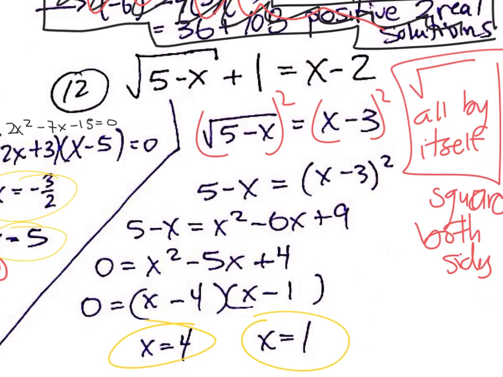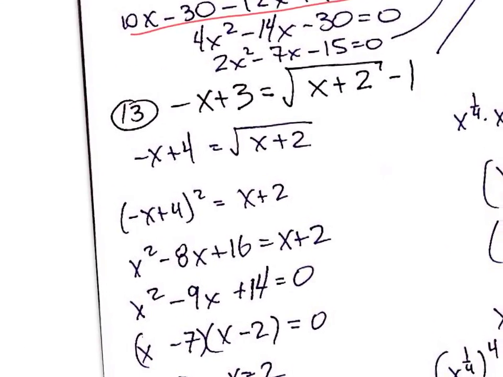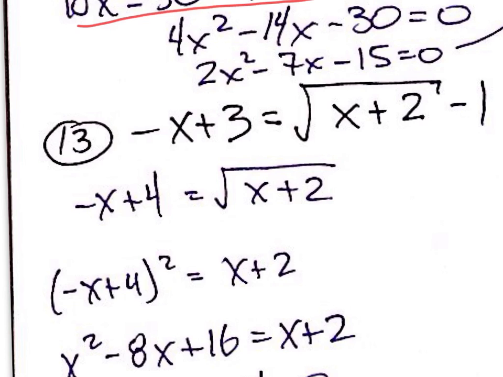So for a square root equation, you get the square root all by itself, and then you square both sides. Same thing's happening here. Square root equation, I'm going to add 1 to both sides and end up with this. At this point, I can now square both sides to get rid of that square root sign, and we end up with this.